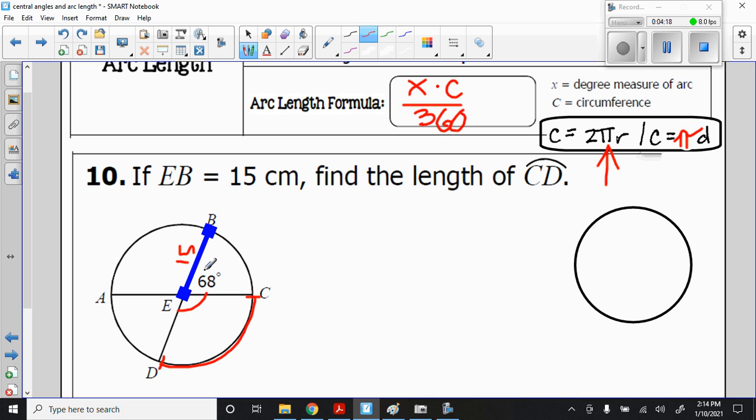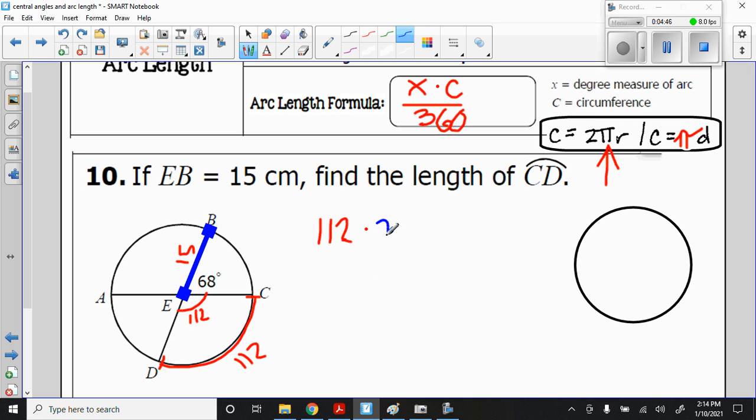So I can do a half circle in here with 68 and get 112. So 112 is our measure, and now we have our first piece, x. So 112 is what we need. So I'm building this equation. Now I need the circumference, and I've already decided I'm going to use 2 pi r.